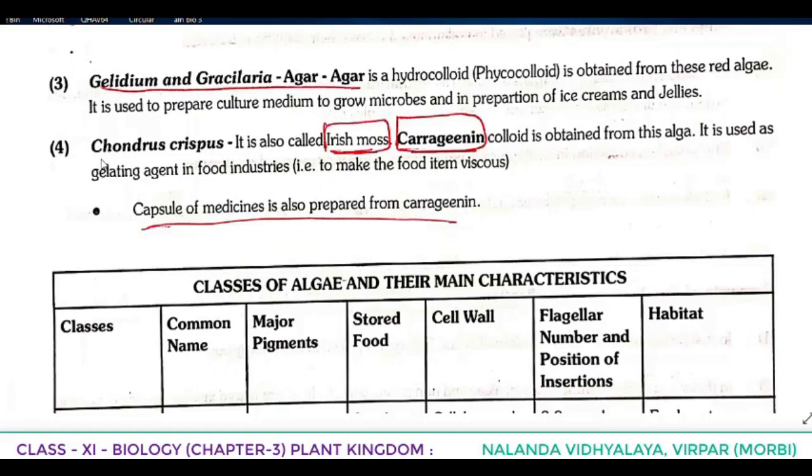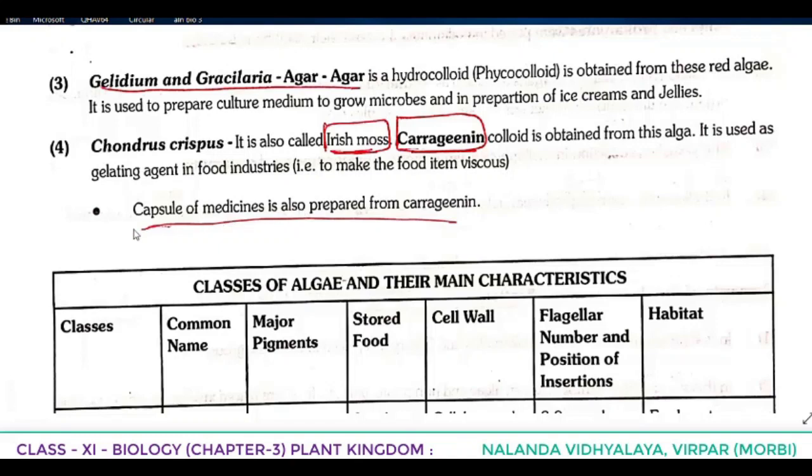Next, Chondrus crispus. What's the name? Chondrus crispus. It is also called Irish moss. Carrageenan colloid is obtained from this alga. It is used as a gelling agent in food industries, that is to make the food item viscous.